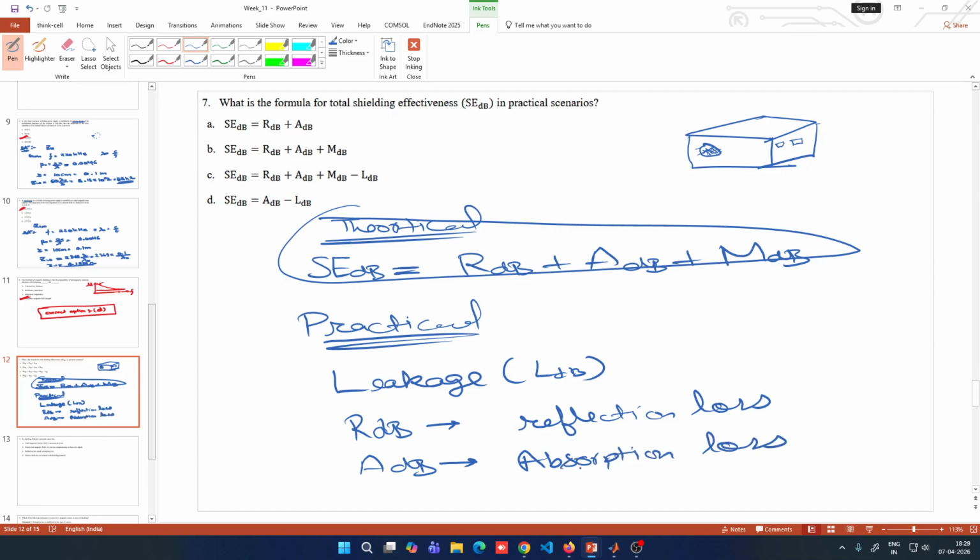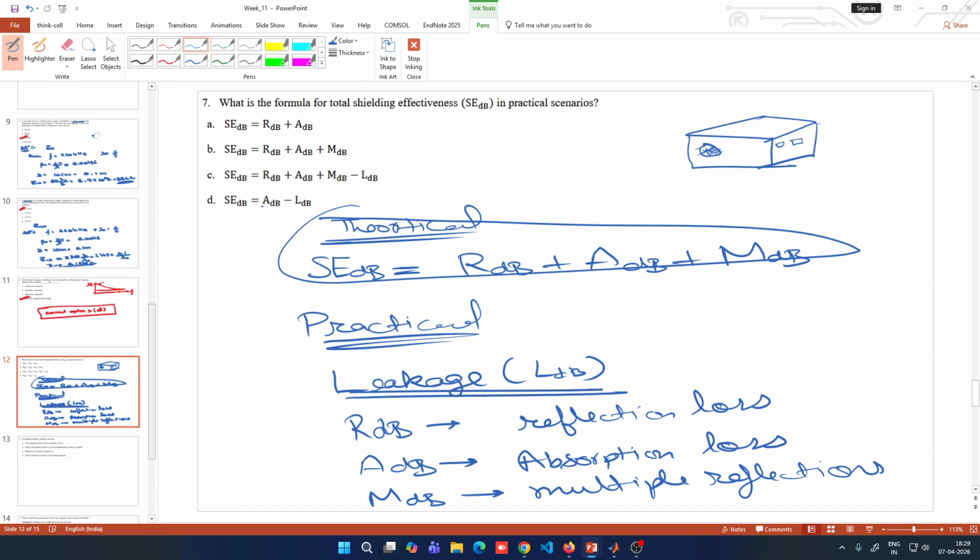And MdB is the multiple reflection loss. There will be multiple reflections. So the option which accounts for the leakage, meaning LdB, along with all these four is option C. So the correct option here is option number C.